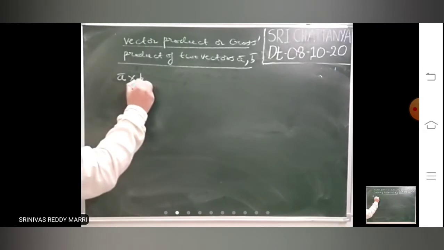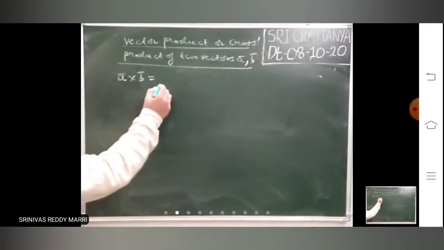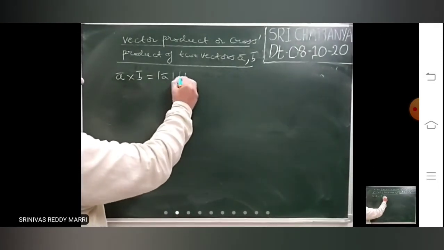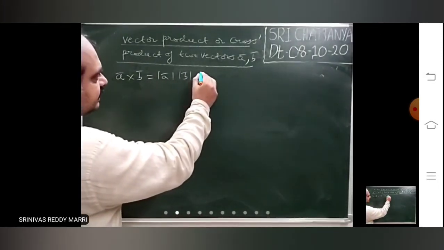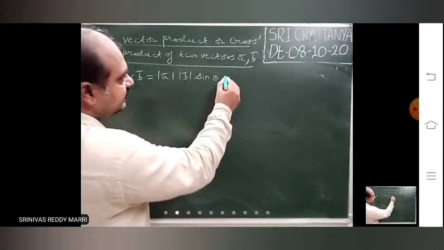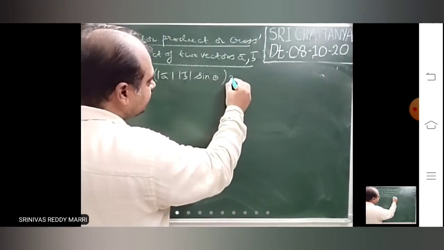A bar cross B bar is nothing but modulus A bar, modulus B bar into sine of angle between them into n cap.